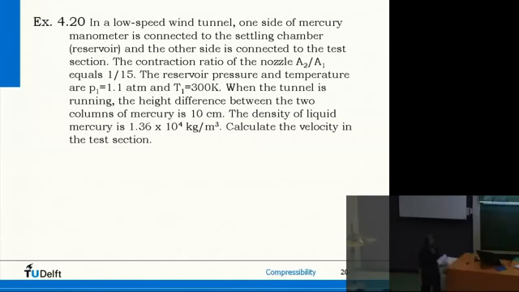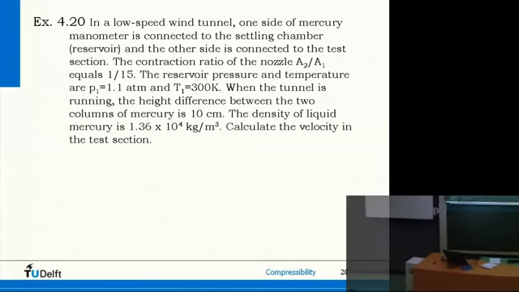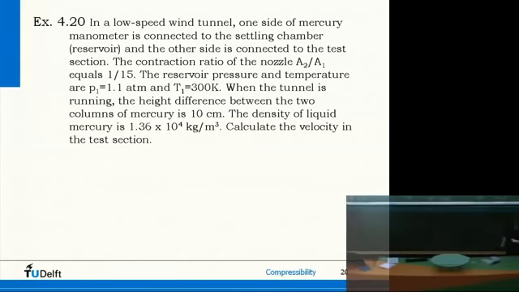So question 1 is, what does a manometer do? I hope you'll remember from high school, but if not, I'll repeat it. So let's first start with a manometer, which is a way to measure pressures.